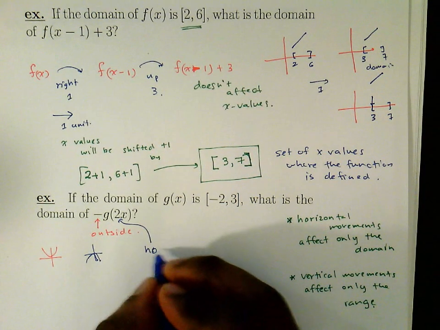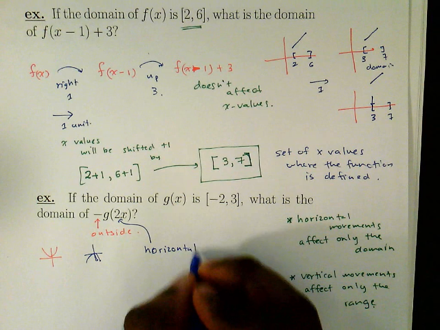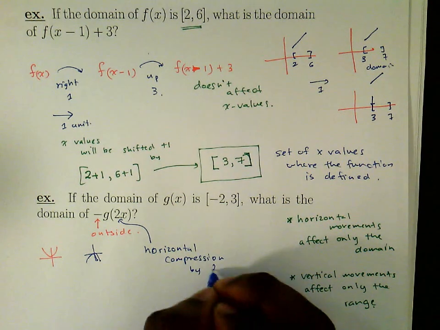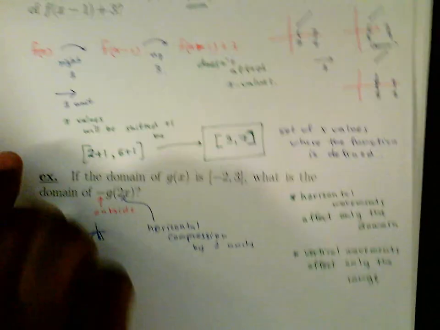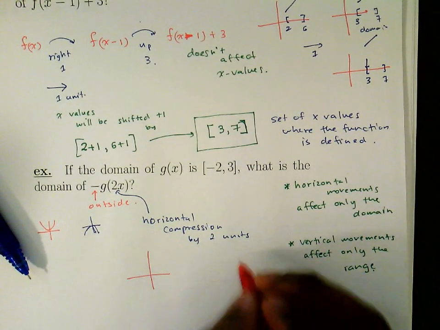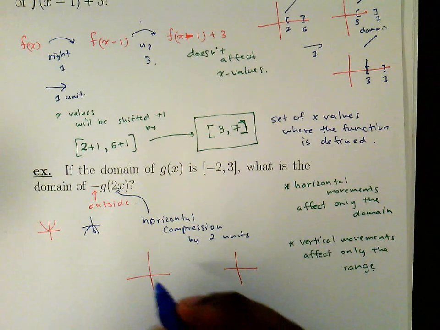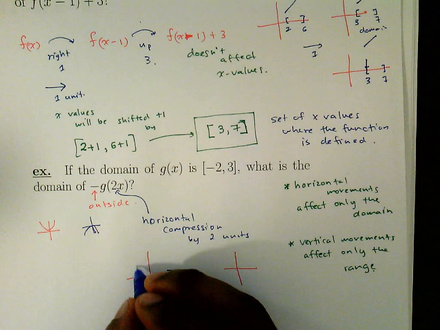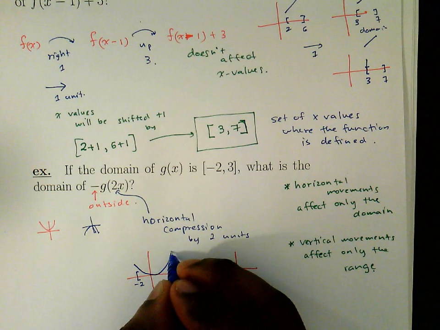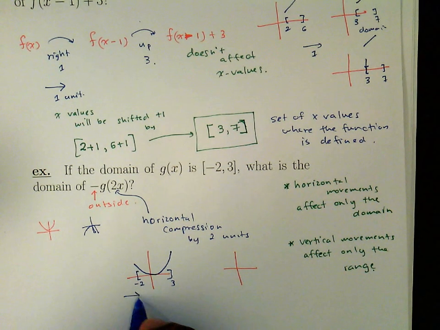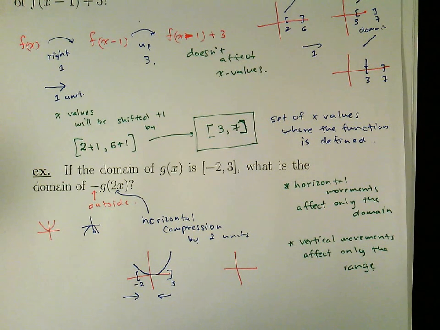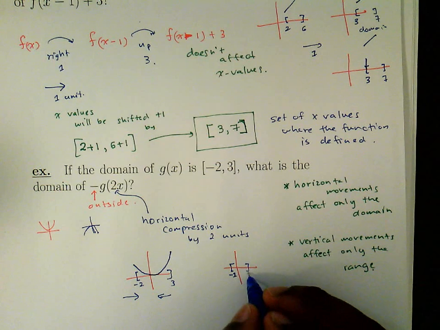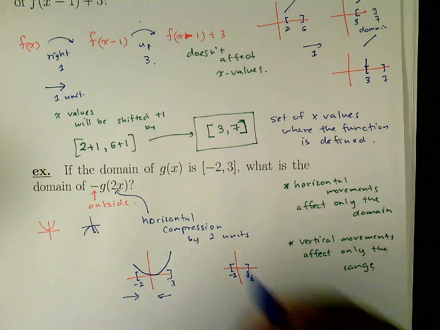This is a horizontal compression by 2 units. So let's think about that. You had a function which had domain negative 2 to 3, let's say something like that. It would shrink horizontally. The domain would shrink by a factor of 2.